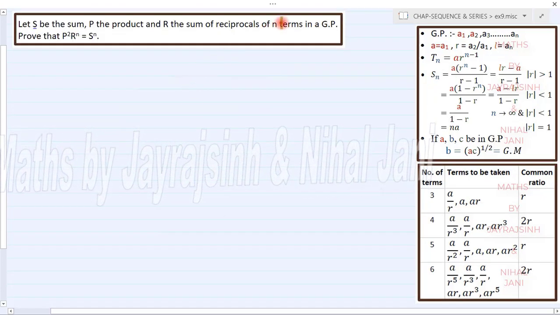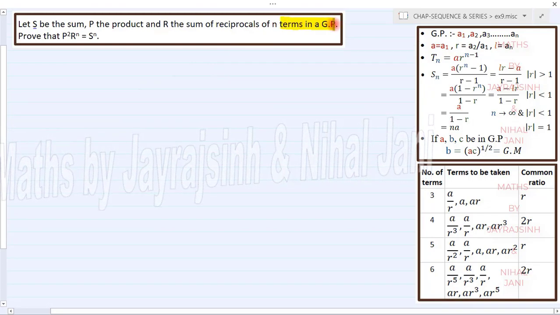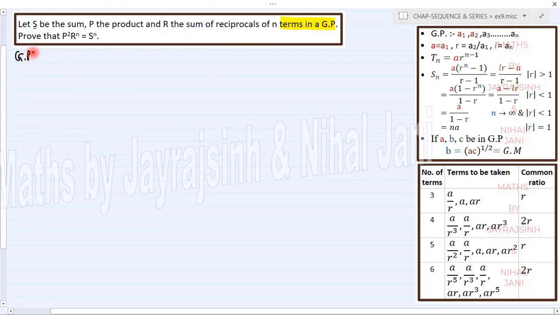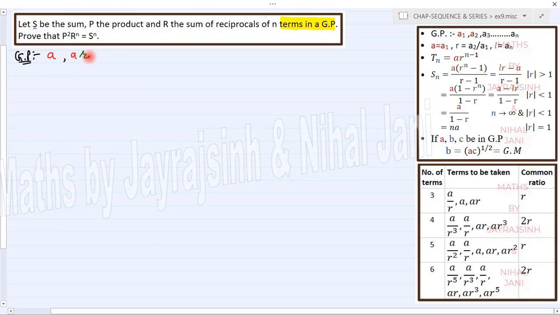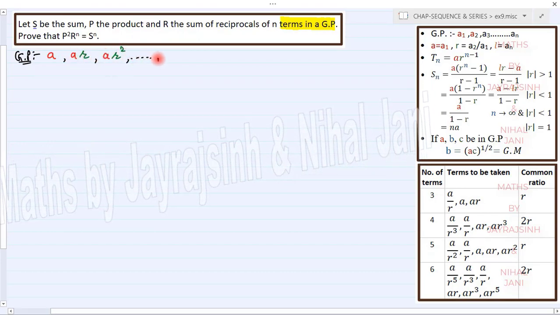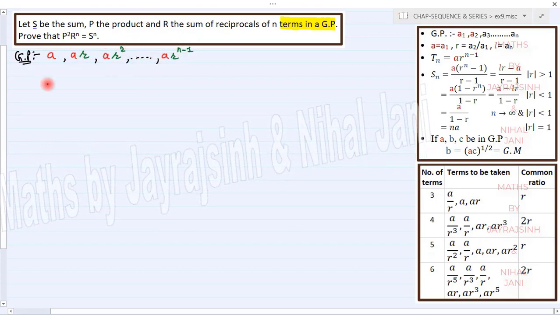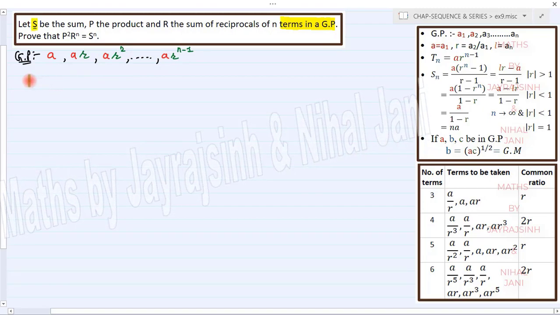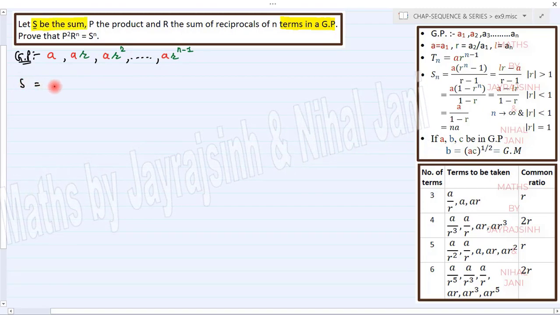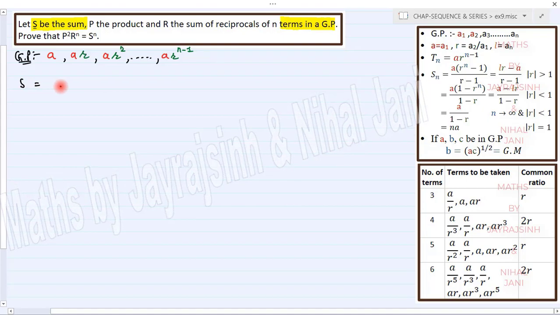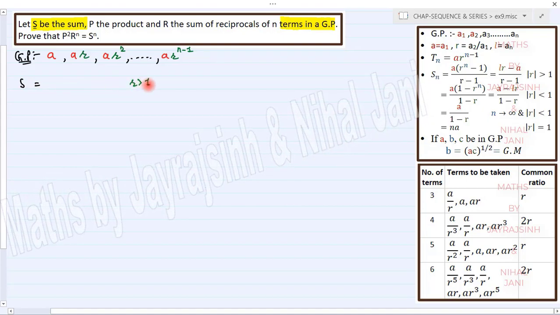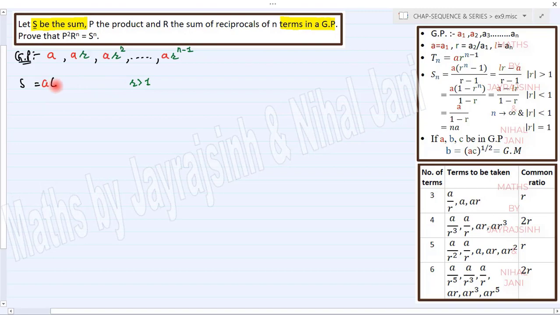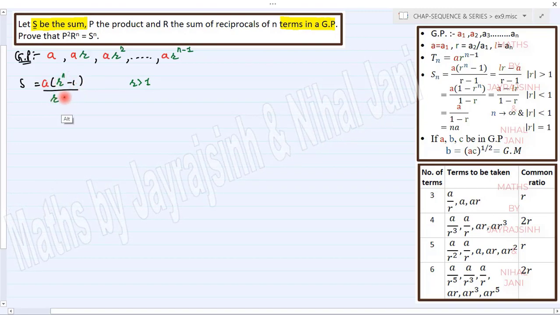Here we have one question based on n terms of GP. So let's consider a GP having first term a and common ratio r. Now it is given that S is the sum of n terms, and we know that if we consider r greater than 1, then the formula of summation is a into r raised to n minus 1 upon r minus 1.